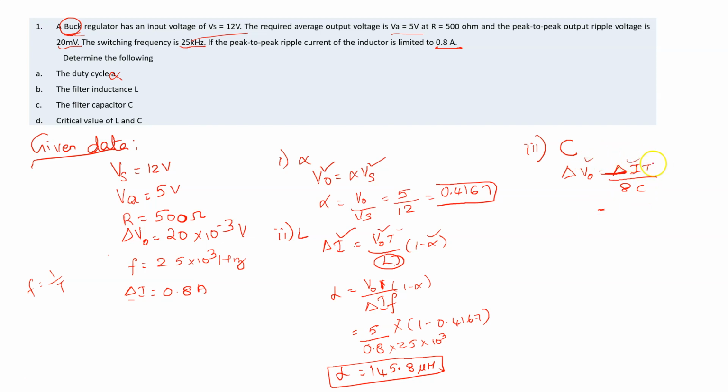Delta I also we know. For T we can substitute 1 by F, and from this we can find out C. So C will be delta I divided by 8, for T I am substituting 1 by F, then this comes here, into delta V naught. Substituting all these values, you will get 200 microfarad.